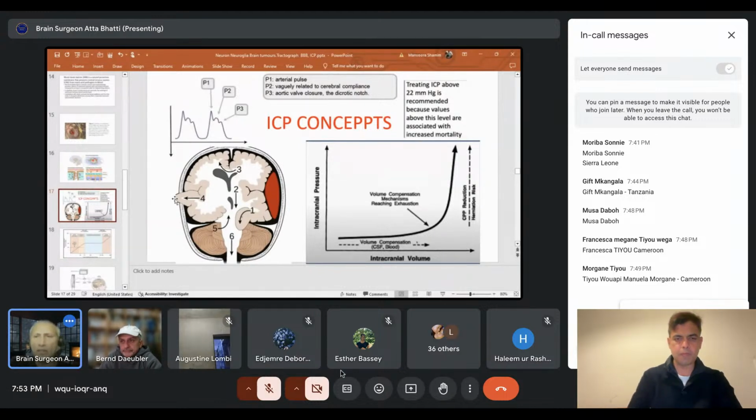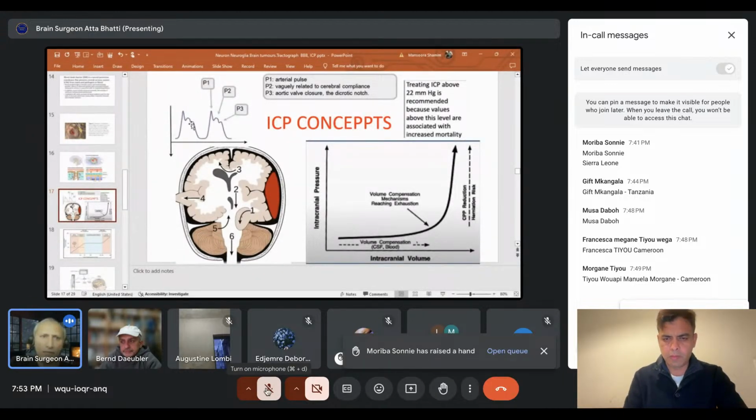When this limit is crossed, the intracranial pressure, which normally has a wave-like pattern, is recorded on intracranial pressure monitoring.